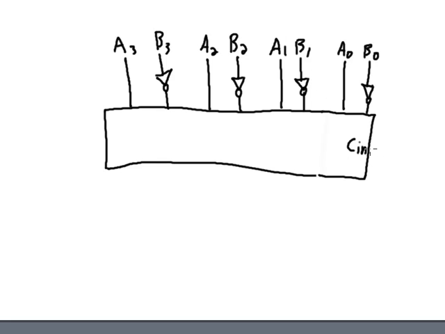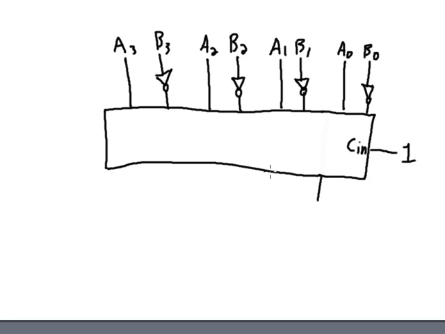In order to get the adding of 1, we're going to make the carry-in of the least significant bit equal to 1. That means the first full adder will always have 1 added to it, and that does our 2's complement operation, inverting the bits and adding 1.